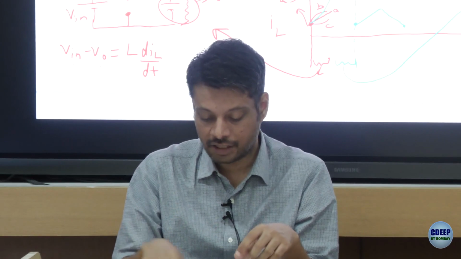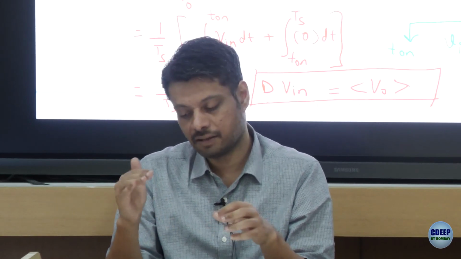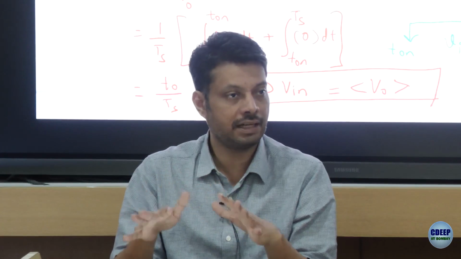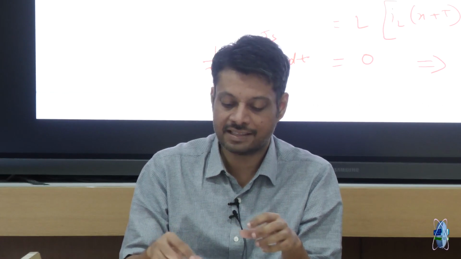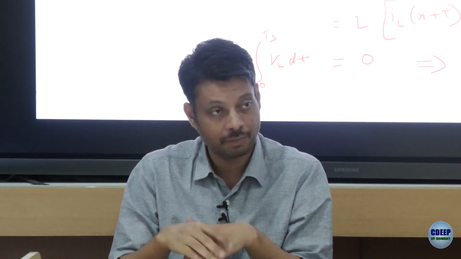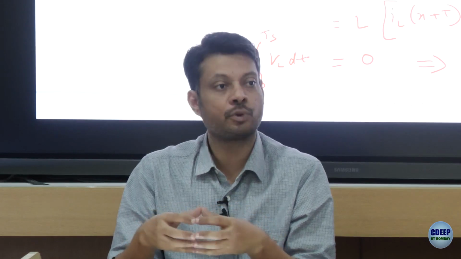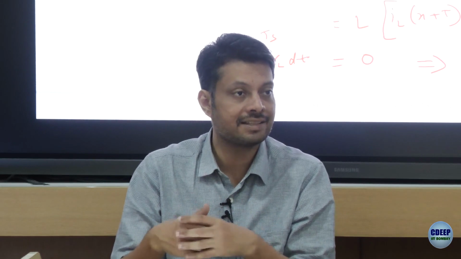There we derived it by using an approach that the filter is a low pass filter, right? Here we have introduced a new way of analyzing things by using volt second balance, and now we are deriving it using the volt second balance. And this volt second balance approach is more generic, so you would see that a lot of other circuits also you can analyze in the same way. Of course, the answer has to come out to be the same because that's what it is, right?